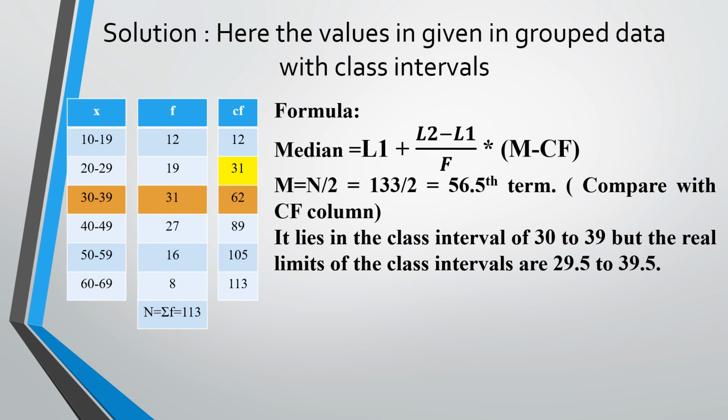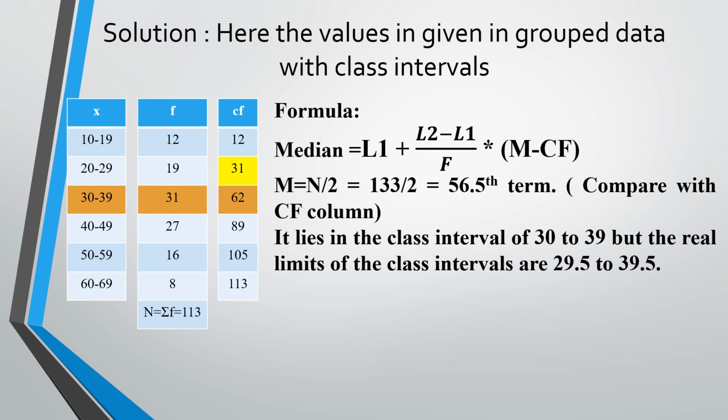Next one, 50 to 59 as 49.5 to 59.5, and the next one, 60 to 69 as 59.5 to 69.5. Here we are making this conversion because it is not in the continuous series. If the class intervals are in the continuous series, then this conversion is not required.